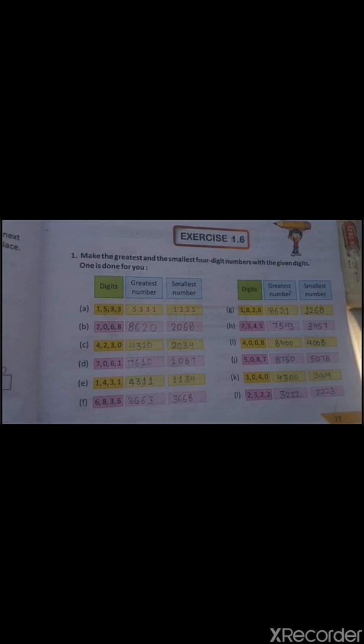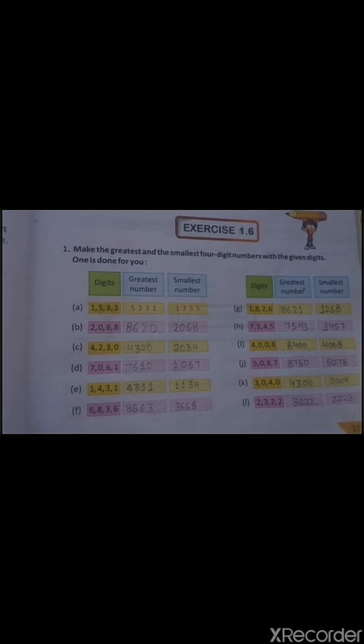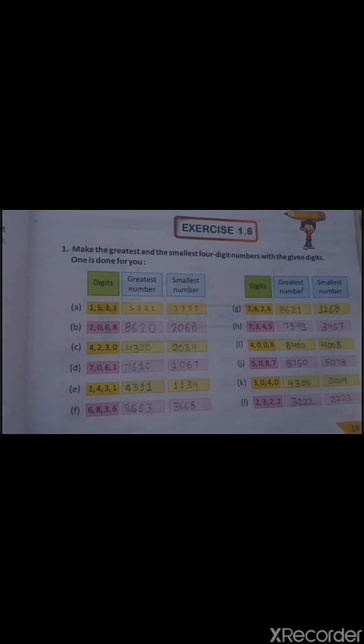The next one is 1431. The greatest number is 4311 and the smallest number is 1134. F is 6836.